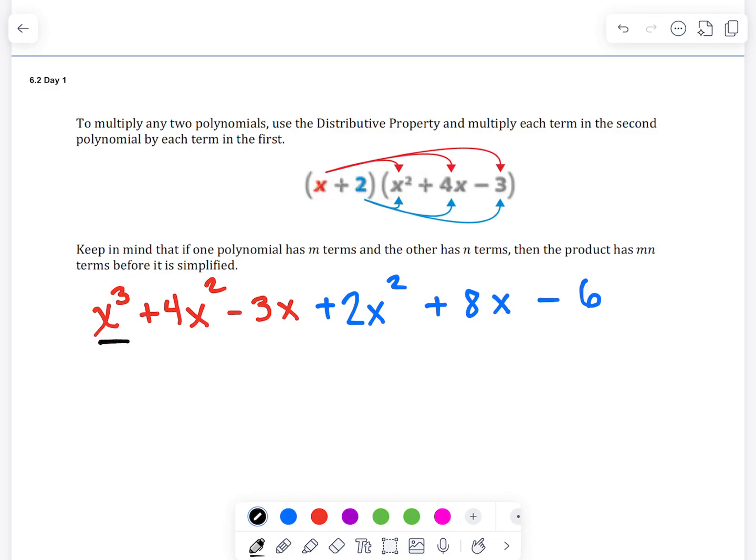So the first term is x cubed, and then we have x squared and x squared, so that becomes 6x squared. Now we have minus 3x and plus 8x, plus 5x, and then the minus 6 at the end. Now it's in standard form.